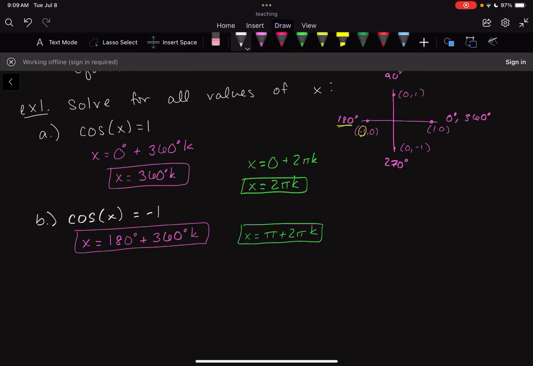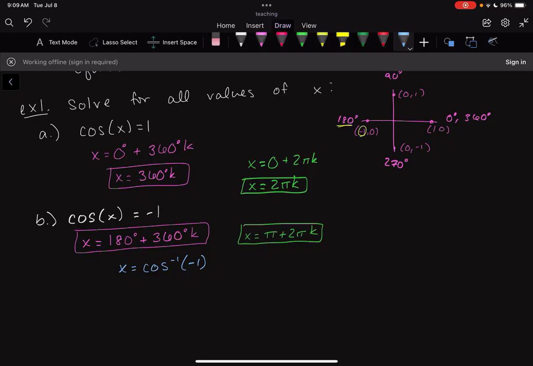All right, let's do some more. Oh, I also want to mention this. You can technically use the inverse to do this as well. So if you want to use the inverse function, it would be x is equal to cosine inverse of -1. And so if you type that into your calculator, you'll get 180 degrees.